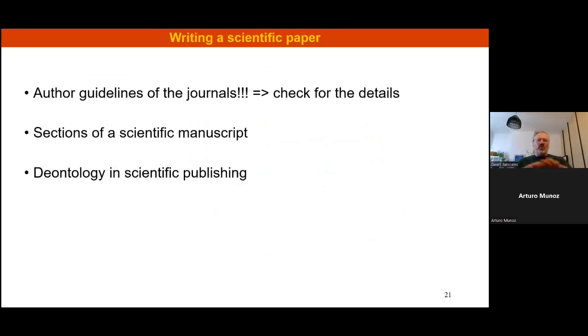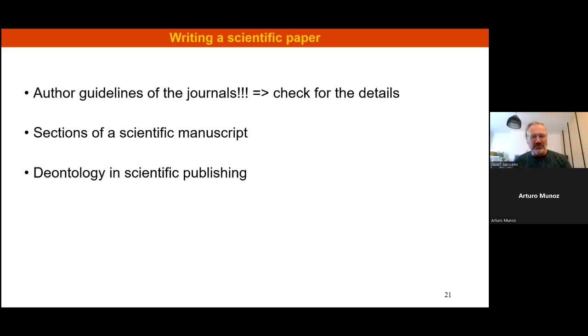Okay, so once you have done all the work and you have your data analyzed, then we start writing a scientific paper. And for writing a scientific paper, I put here 3 items. First, you check for a journal, and every journal has author guidelines, meaning every journal gives you a set of rules that you have to adhere to when you write a paper.